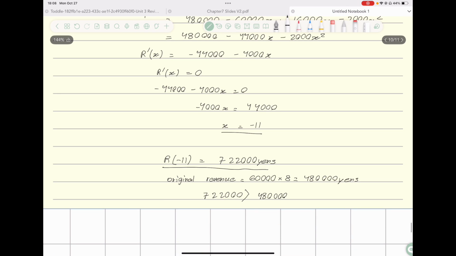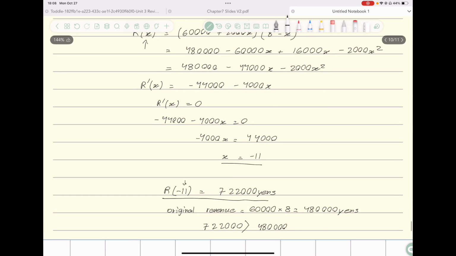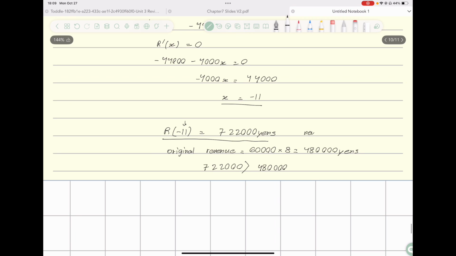And we also want to see the new price. So we'll put this negative 11 into this price equation. So we'll get the new price. The new price will be 60,000 minus 22,000.